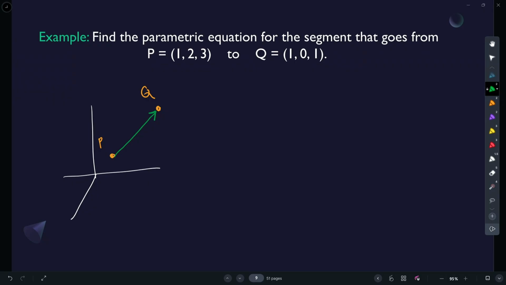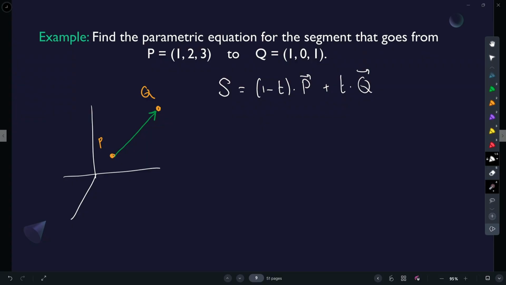And then I'm going to figure out where I should cut off so that I am literally going from P to Q. There is, though, a parametric form for that. Such a segment is 1 minus T times P plus T times Q. So those are all the points in that segment.